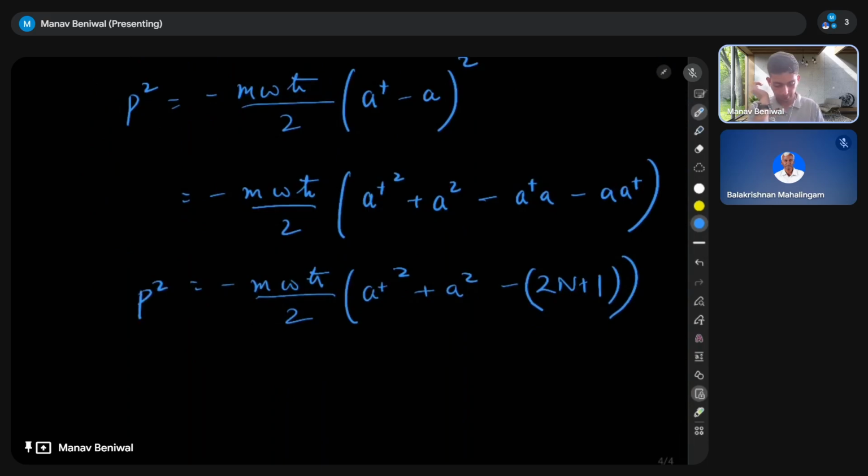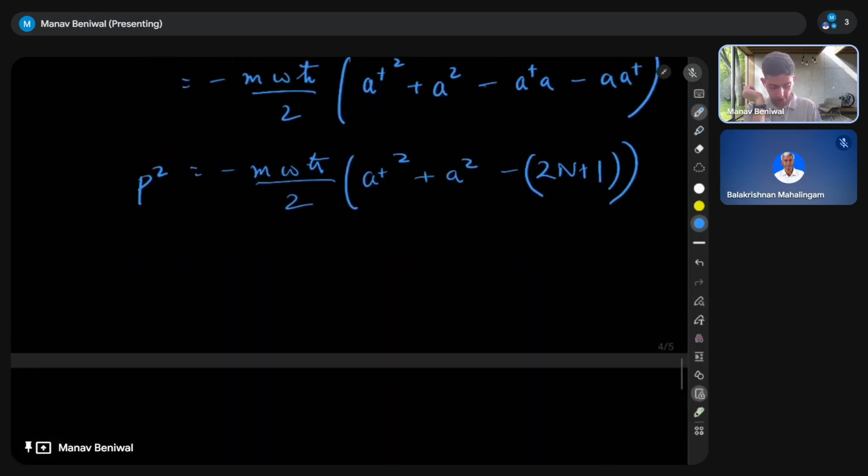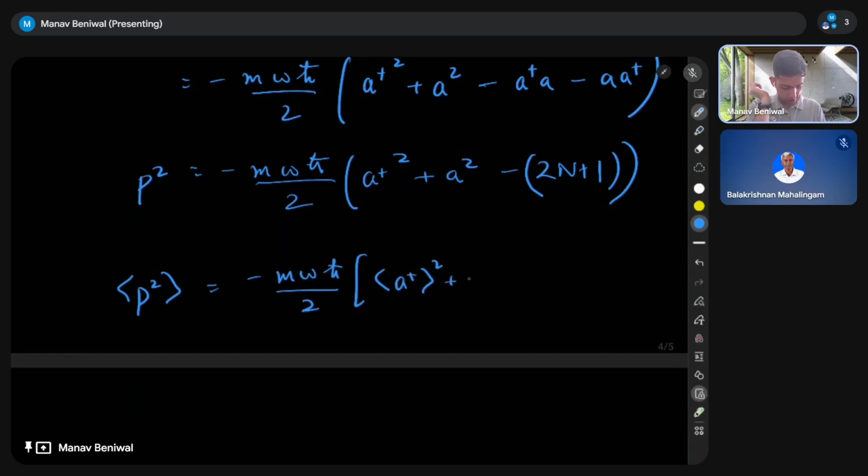Now to find out the expectation value of p squared, we can straight away write this as the expectation value of a dagger squared plus the expectation value of a squared and minus the expectation value of 2n plus 1.